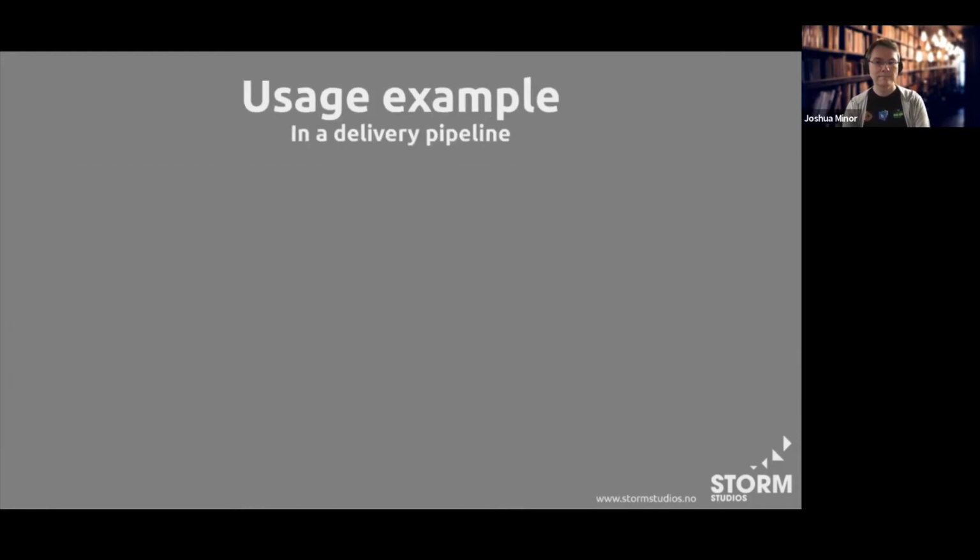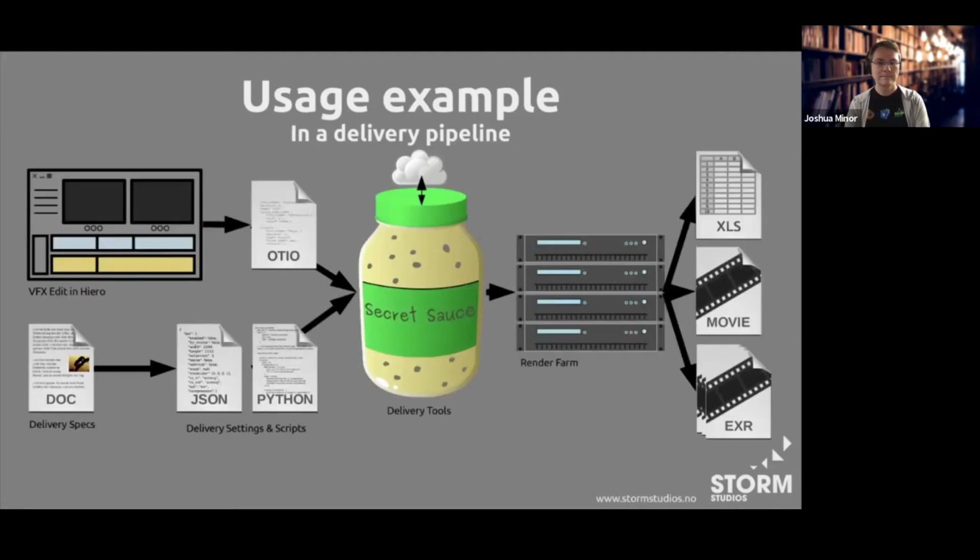And the plugin was originally written as a part of our delivery tools. So at the bottom left here, we usually start with the delivery specs from the clients, which we then parse and turn into a bunch of JSON and Python files that describe the outputs.